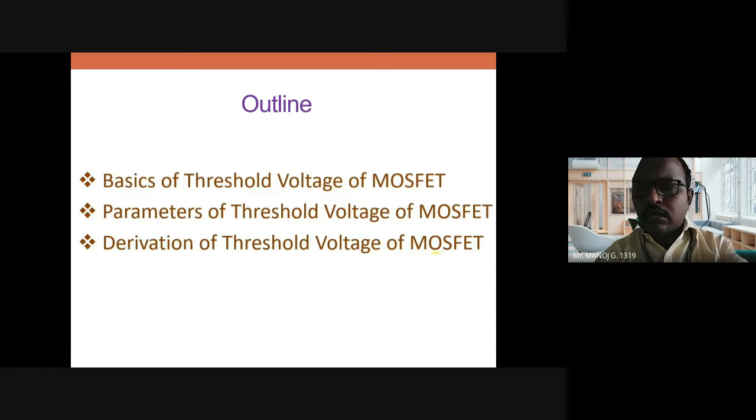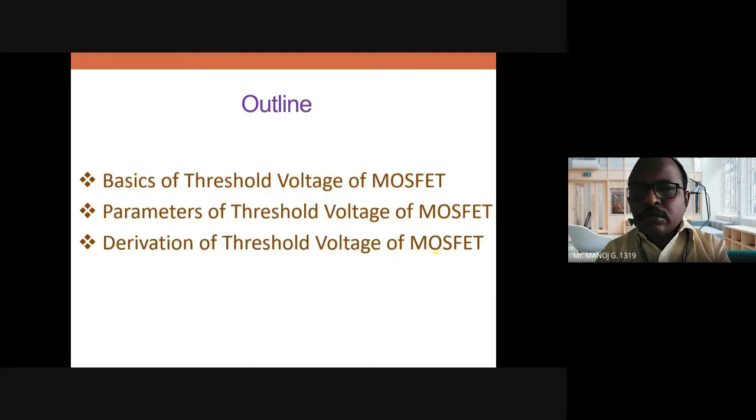Can I have Mr. Jabba Subin? Yes, are you there? Jabba Subin, how many parameters are there for the threshold voltage of a MOSFET? Just tell me how many parameters. Nitish Kumar. Jabba, you are always doing the same thing. This is the second class, you are repeating the same response.